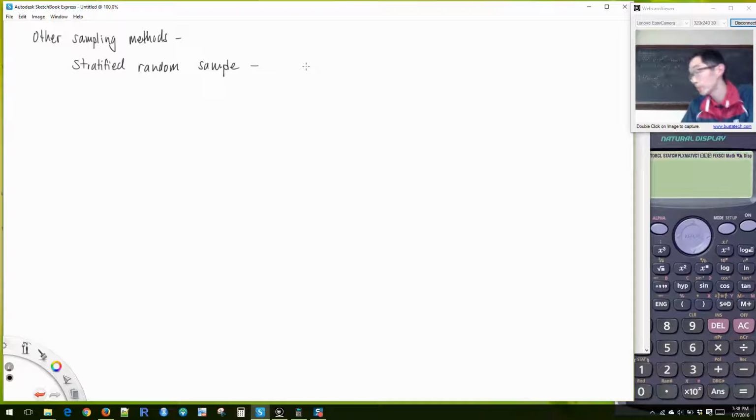And with the stratified random sample, the population consists of subgroups.